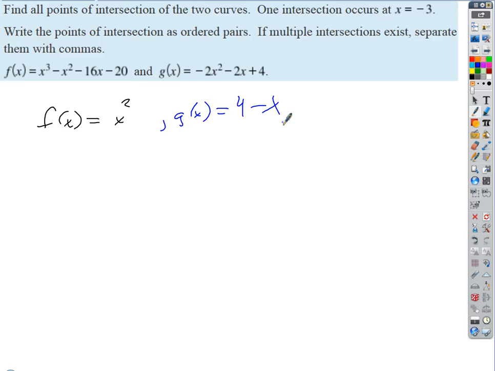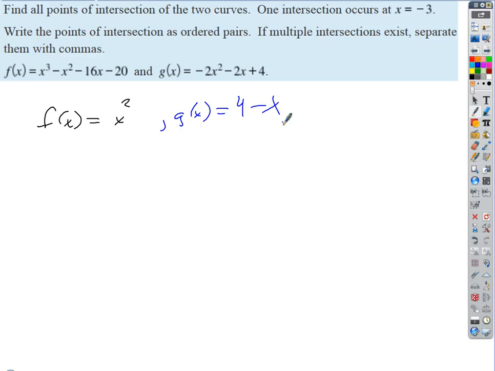Where they intersect, those are going to have to be ordered pairs that are solutions of the system. What's that mean? They have to be places where the y value, which is given by f of x and g of x, is the same, and so is the x value.